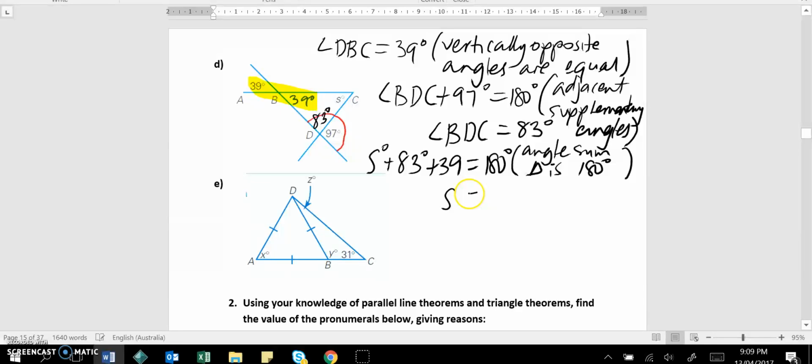And when I subtract the 83 and 39 from 180, I get 58 degrees. Okay, so clearly showing all your steps, equal signs aligned, reasons in your brackets in full. Fantastic. Okay. Have a look at question E.